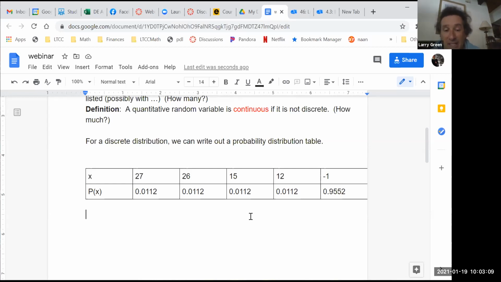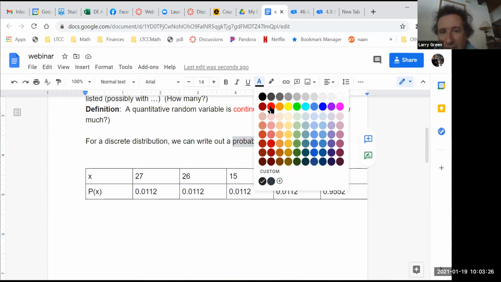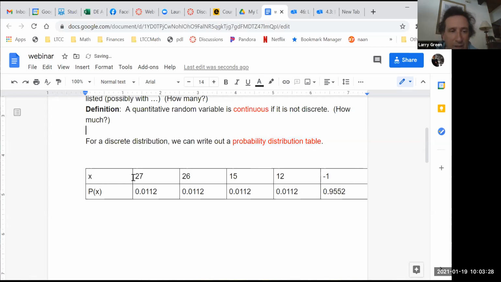Okay, and that's really easy to do. Any questions on this? Okay, this is called a probability distribution table. Let me put this in red, because that's an important phrase. This is called the probability distribution table for this situation. And because it's discrete, we can do that.